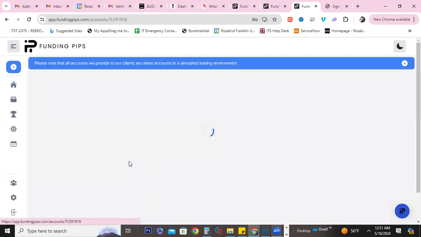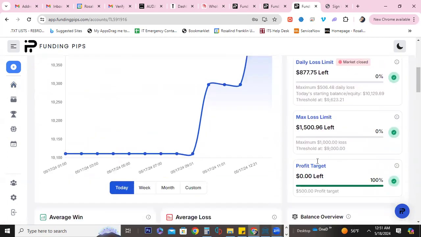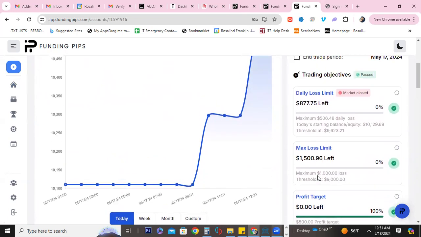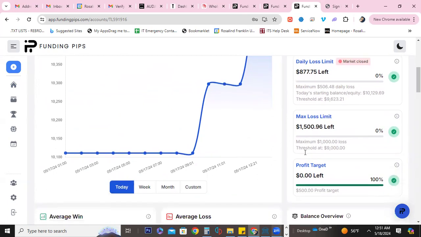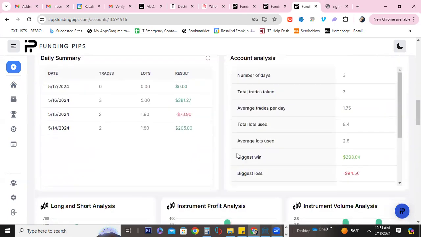So jumping to the dashboard. Profit target was 500. Daily loss limit, whatever. I didn't take any trades on the 17th, which was yesterday. But as you can tell, I took a trade on the 14th, won $205. That was in the daytime. And then opened the trade at night on the 15th and lost $73.90.